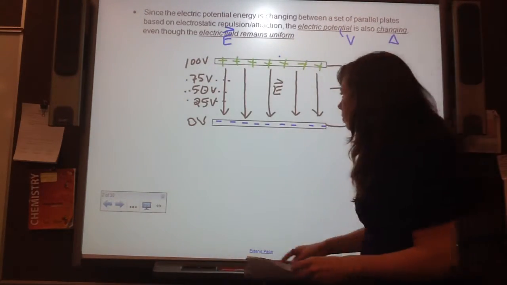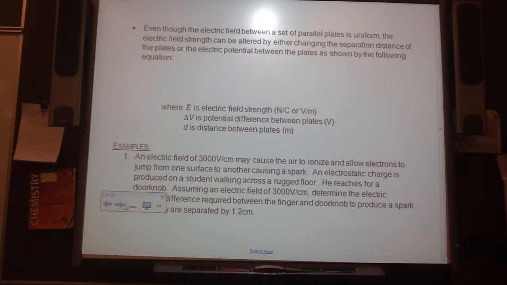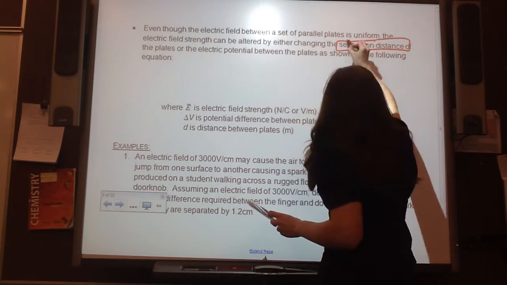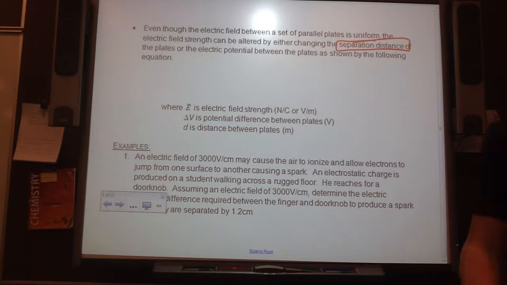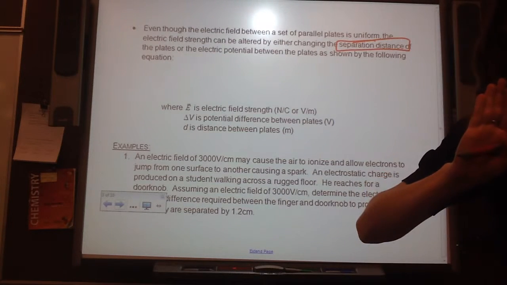Okay, so even though the electric field between a set of parallel plates is uniform, the electric field strength can be altered by changing the separation distance of the plates or electric potential between the plates. So that's like if we would have brought our benches closer together or farther apart.